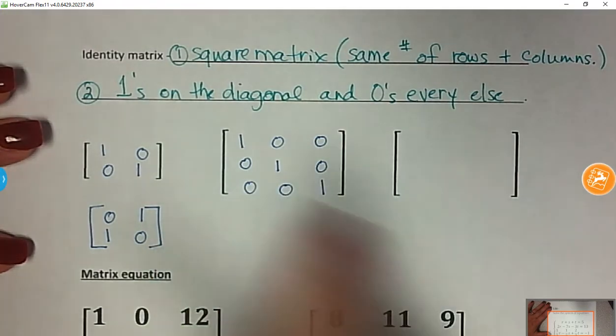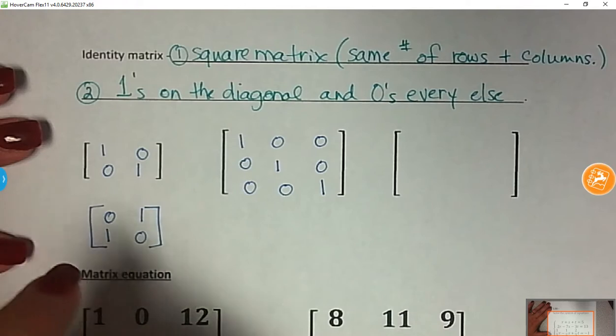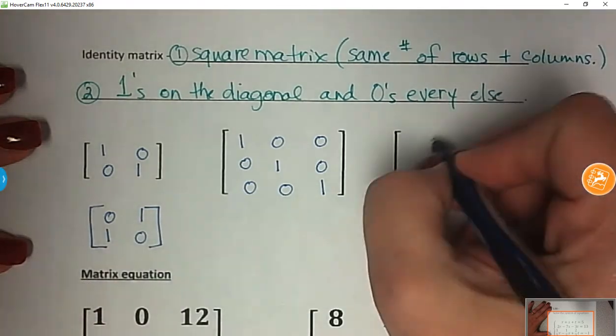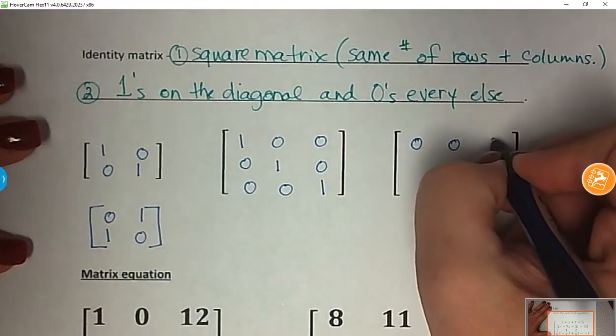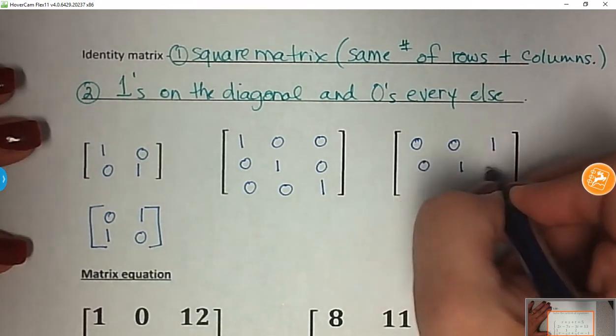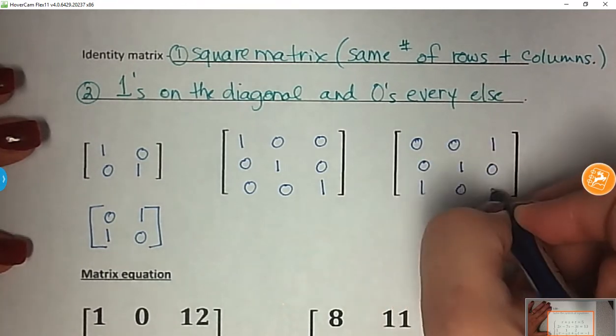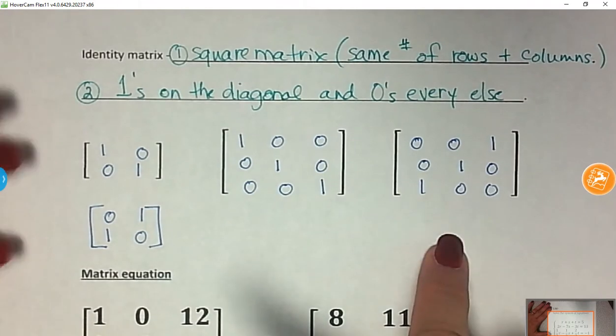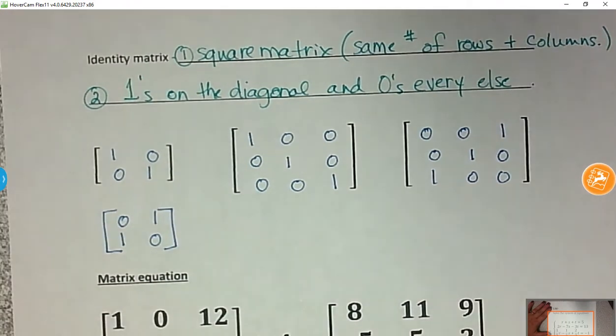So you can see there that I have 1s on my diagonal, everything else is a 0. But once again, your diagonal could go the other direction. This is also a 3 by 3 identity matrix.